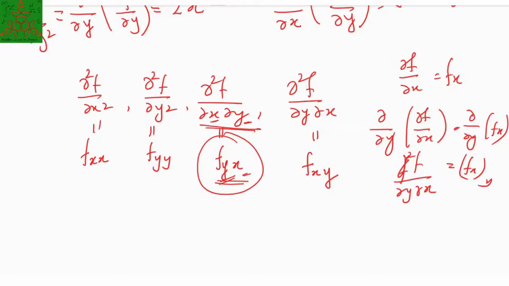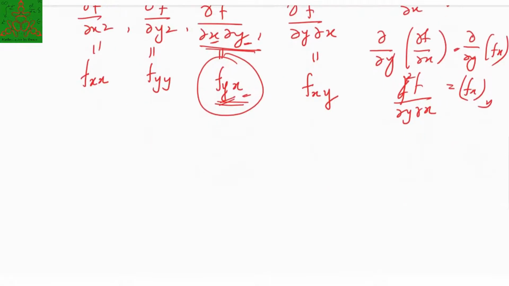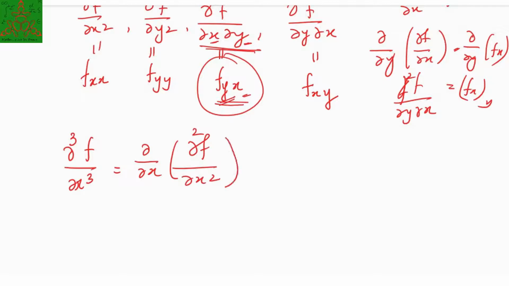As we have done with the second order derivative, we can also talk about the third order derivative or higher order derivatives for successive differentiation. In a similar manner, we can talk about del cube f upon del x cube, that is del by del x of del square f upon del x square.